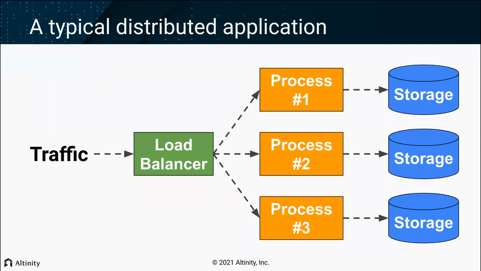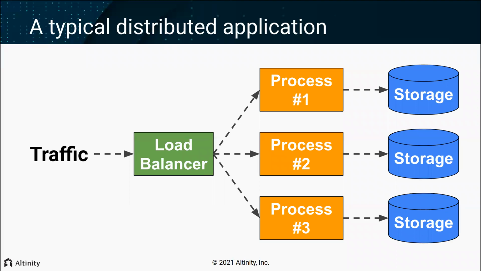Let's take a typical example of a simple application. This actually turns out to be Zookeeper, but it could be any of a number of distributed applications that have storage attached to each of the processes. What you'll typically find is Zookeeper likes to run 3 nodes.